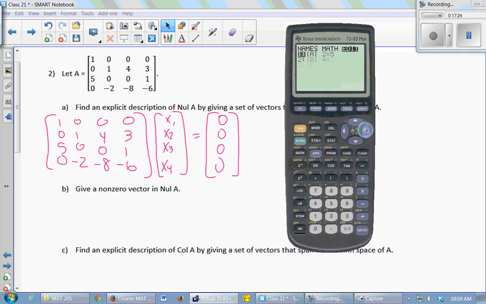So go back into matrix, edit, 4 by, I need a 5 so that I can augment it. And then 0, 1, 4, 3, 0, 5, 0, 0, 1, 0, and 0, -2, -8, -6, 0.